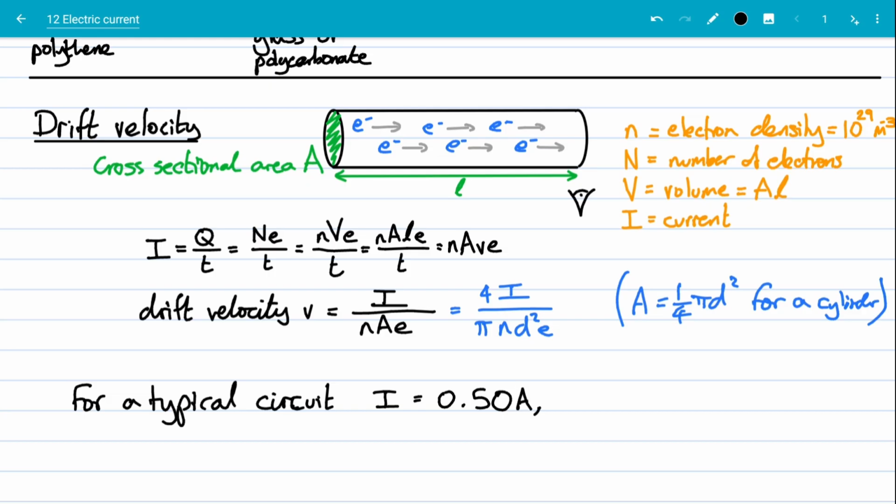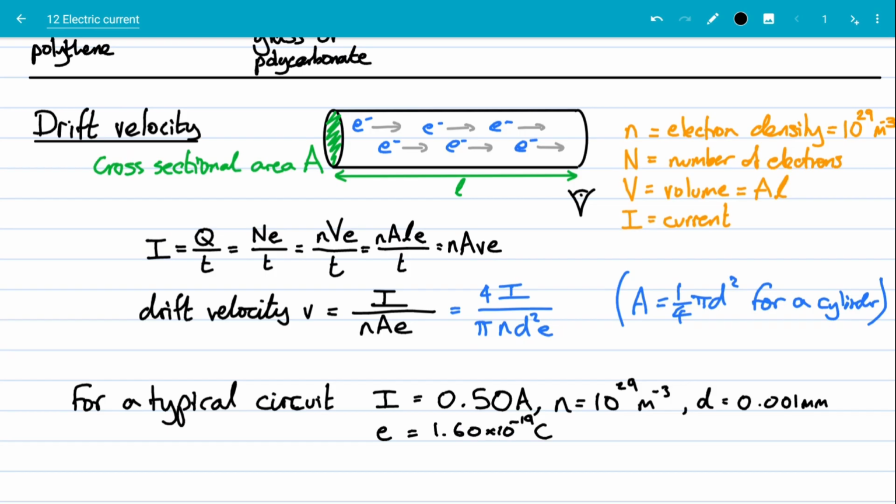We might be using a copper wire, so N is around about 10 to the 29 electrons per cubic meter. What would the diameter of a wire be? Maybe a millimeter, something like that. And the charge of the electron, we already know, is 1.602 times 10 to the negative 19.